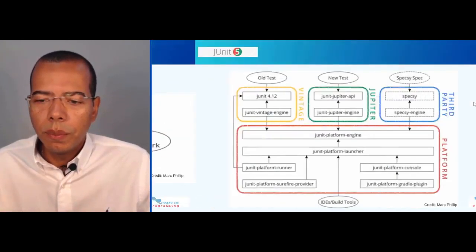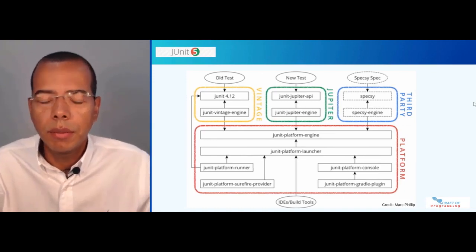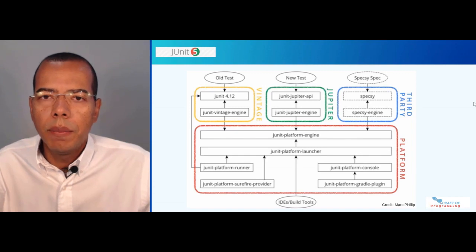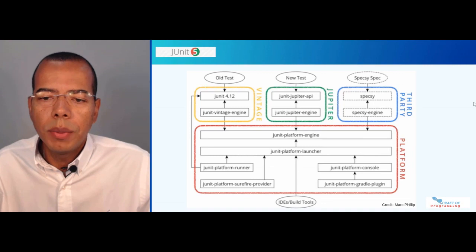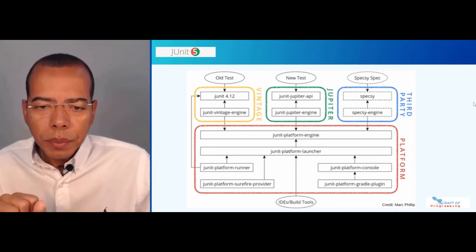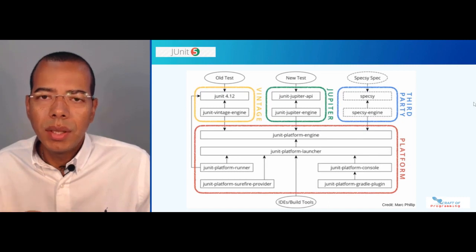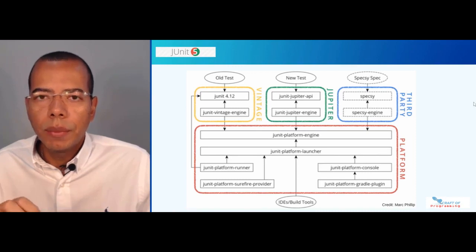In this new architecture, again credit to Marc Philipp for the diagram, you can see that there is a much cleaner API. As a test implementer, you would be using the Jupiter API, here in green. The only thing that you really need to depend on is the Jupiter API jar.